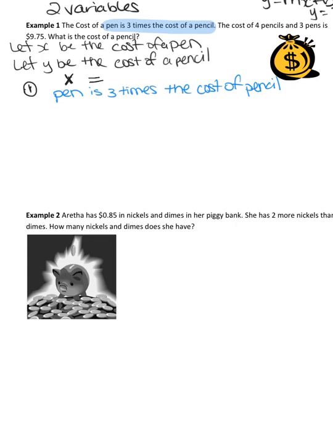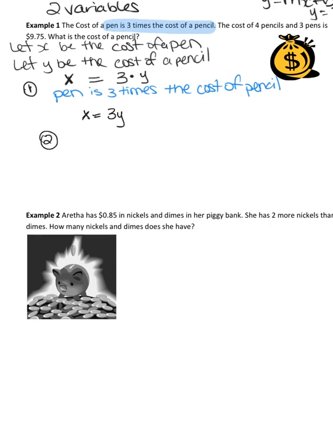X equals 3 times, so 3, I'm going to do a dot for times, the cost of a pencil. And we said the cost of a pencil is letter y. So x equals 3 times y. So really this question, if I were to make an equation from this, would be x equals 3y. Okay, so that's my first formula.